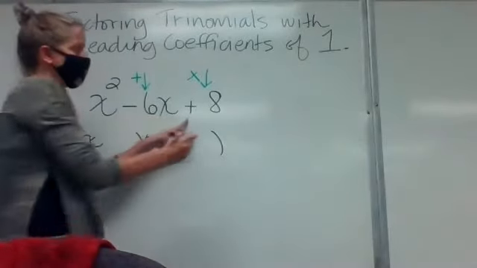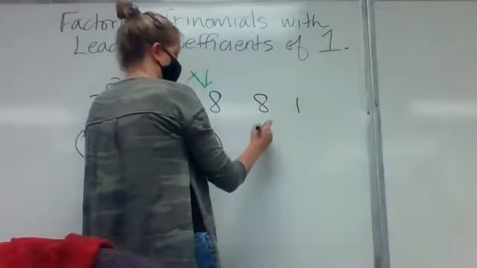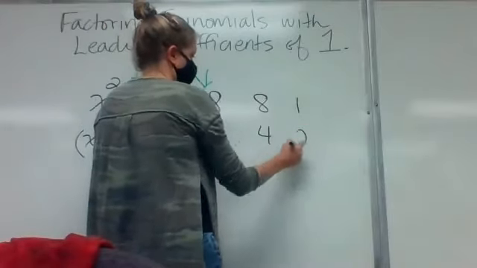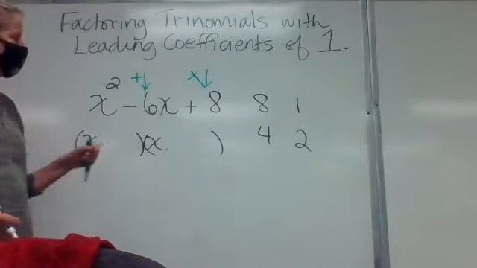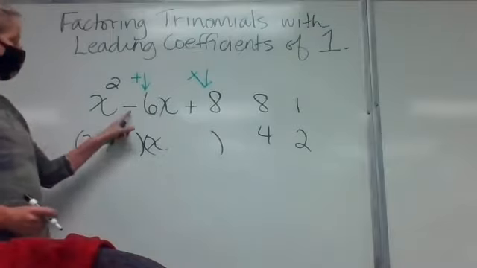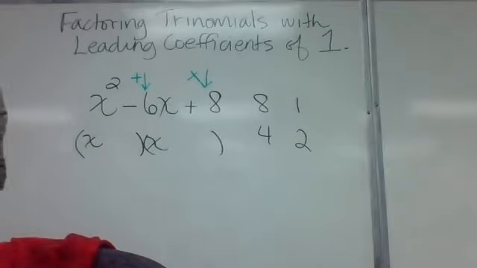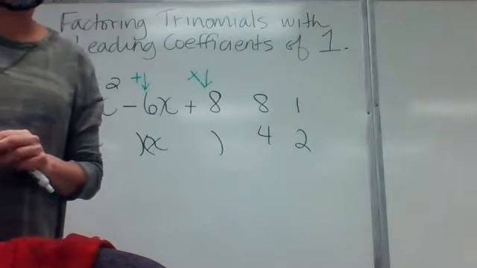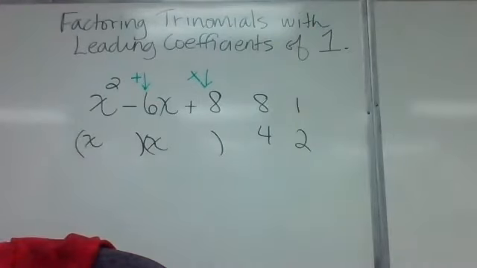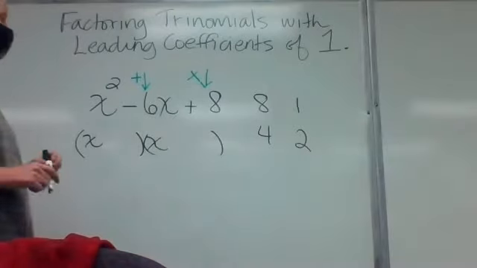Still multiplying to get 8, so I'm still going to use these pairs. But this time I have to add one of the pairs together to give me -6, which means I need to think about what kind of signs are going to do those two things.